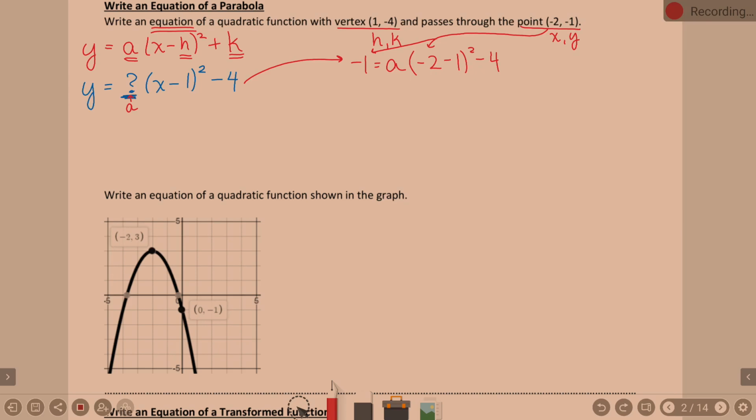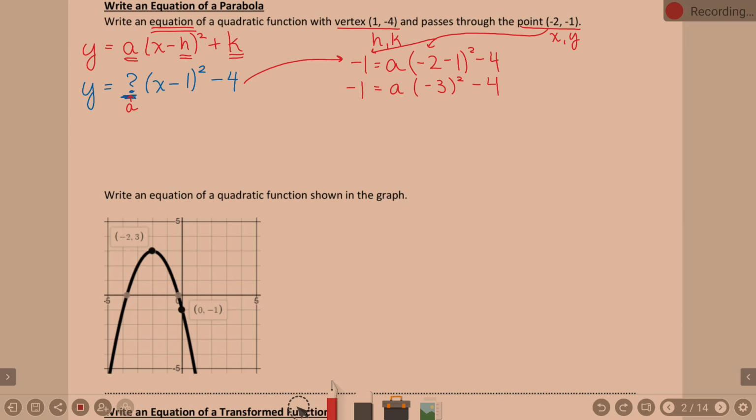For me, it's my Aunt Sally. She's going to tell me to start in the parentheses, right? You guys are going to say what? PEMDAS? So -1 equals A times, what is -2 minus 1? -3, quantity squared, minus 4. Next thing I'm going to do is -3 squared. What is -3 squared? 9.